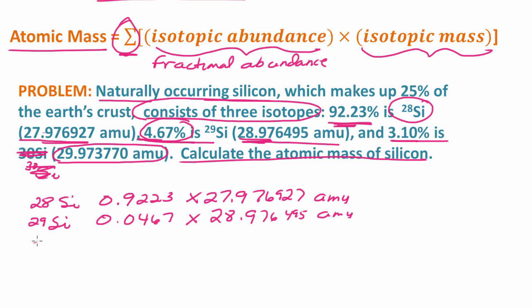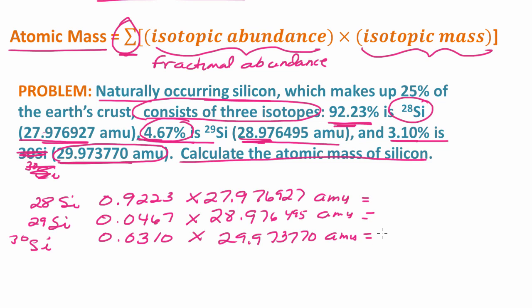And then we'll do the same thing for silicon-30 and 3.10%, but we want the fractional abundance. It's going to be 0.0310. We'll multiply that by the isotopic mass, which is 29.973770 atomic mass units. So let's go ahead and multiply each one of these.